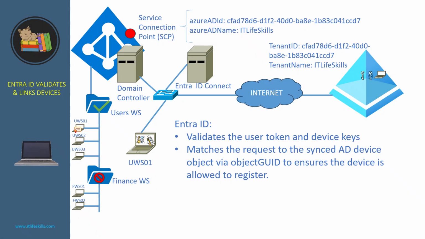Upon receiving the request, Microsoft Entra ID validates the user token and device keys. Then it matches the request to the synced device object via object GUID to ensure the device is allowed to register.